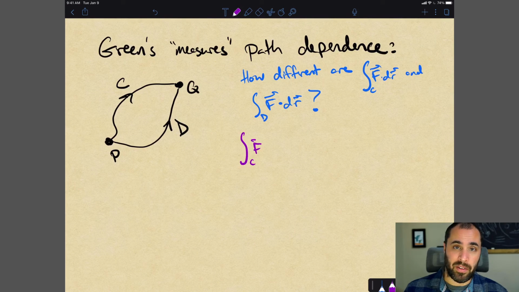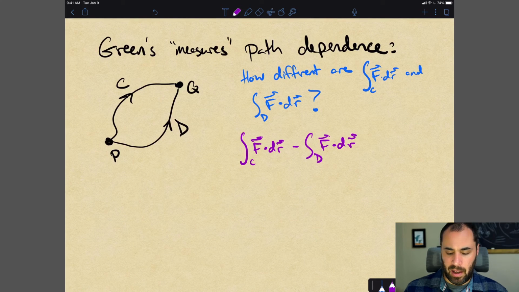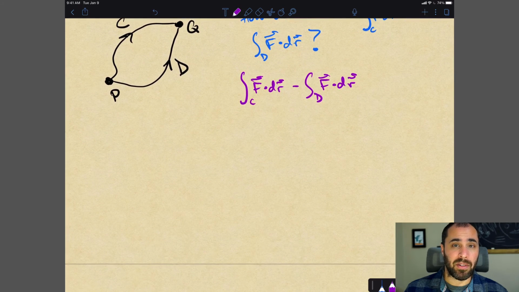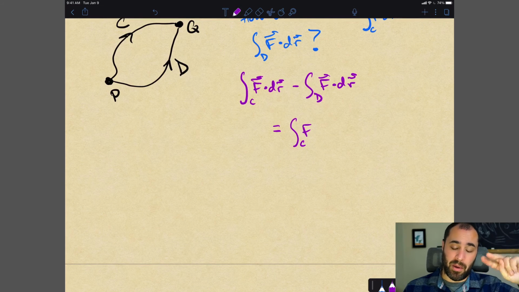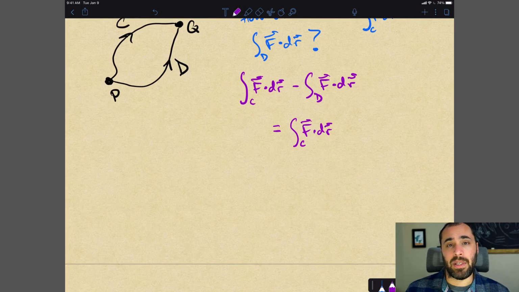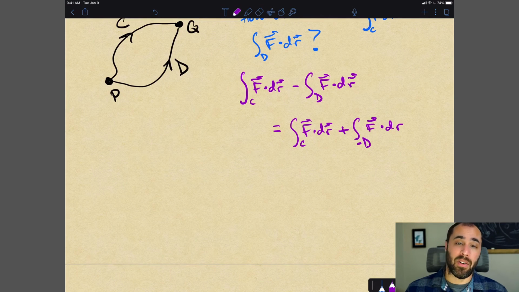Well, to quantify their difference, we can take their difference, we'll subtract. And we'll do a little algebraic manipulation here. A negative integral we can find by reversing the bounds. So in Calc 2, this was just swapping the top and bottom bound. In this setting, it will be traveling along the path in the opposite direction. So if our path D goes from P to Q, minus D goes from Q to P. We can combine those.